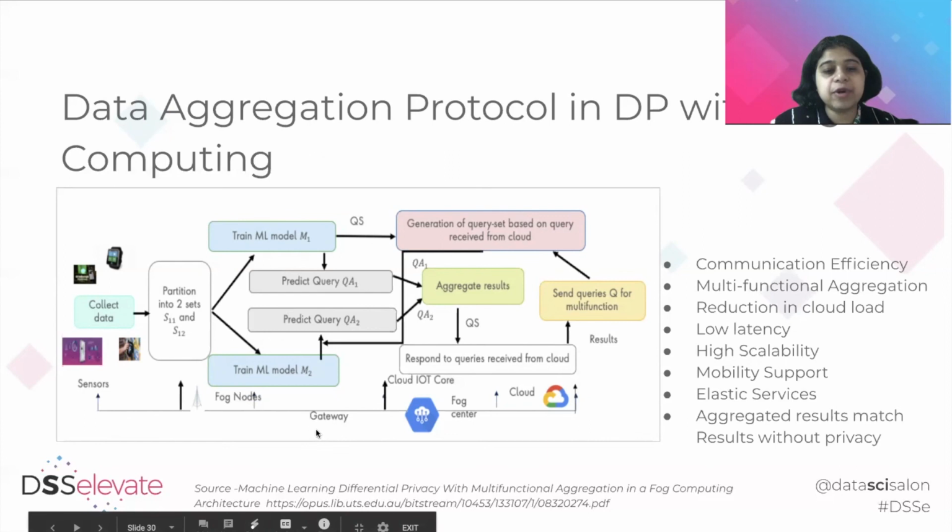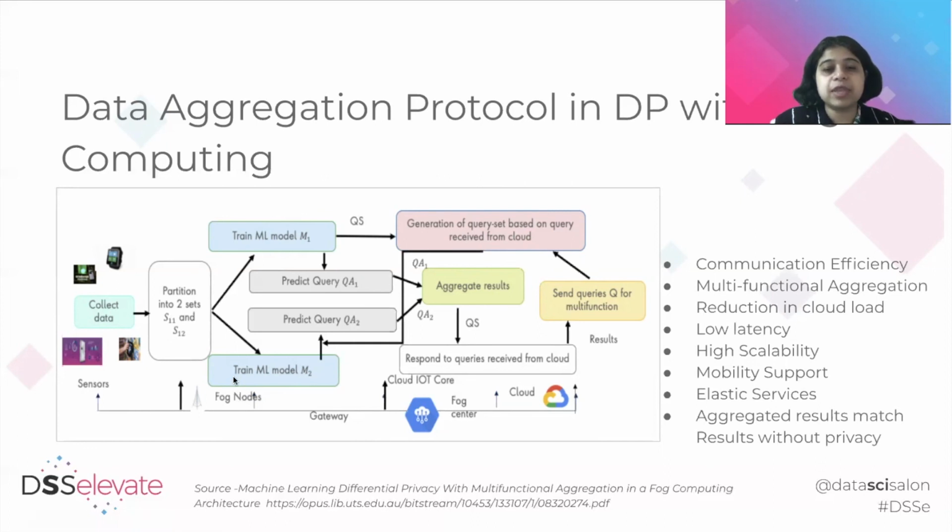Here the important thing is, how do we collect the data? The IoT gateway we talked about is responsible for pushing the data into the global infrastructure. Then we have the fog center and the fog nodes. The fog nodes do the training of the data.